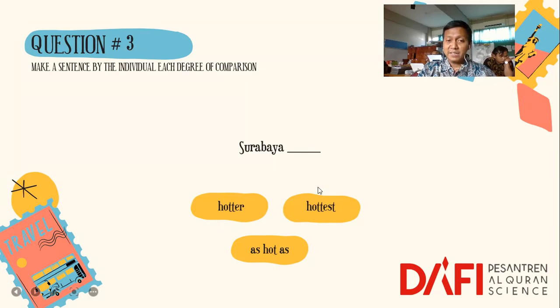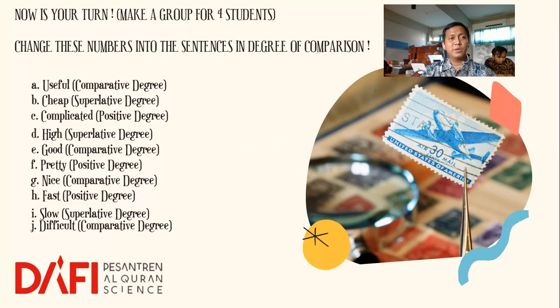Hottest belongs to the superlative degree because of est itself. And the last one is no change: as hot as is very important for the positive degree itself.